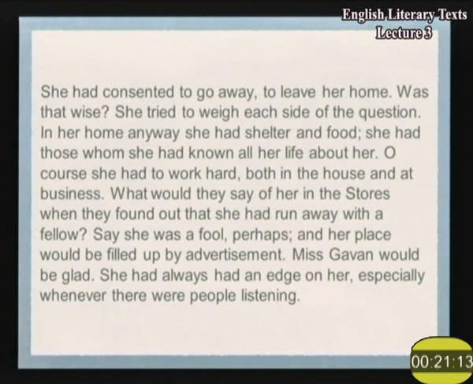What would they say of her in the stores when they found out she had run away with a fellow? Say she was a fool, perhaps, and her place would be filled by an advertisement. Miss Gavin would be glad. Miss Gavin is probably the boss, and she will not miss her. She always had an edge on her.